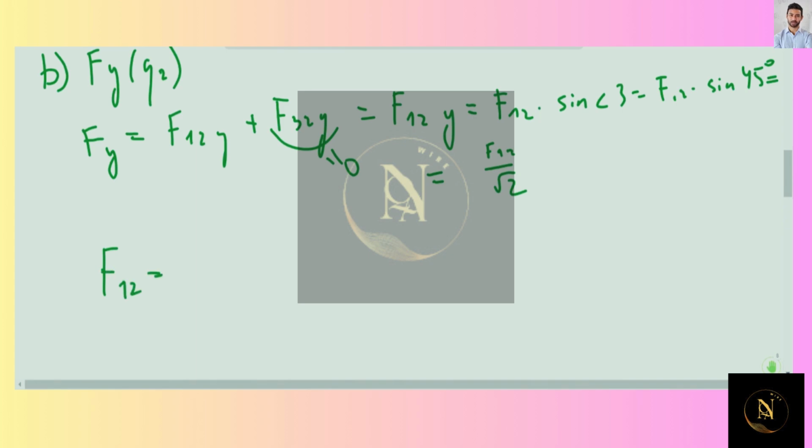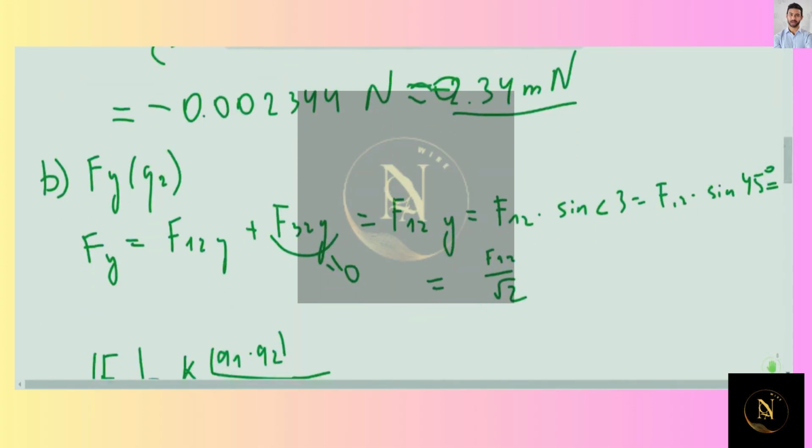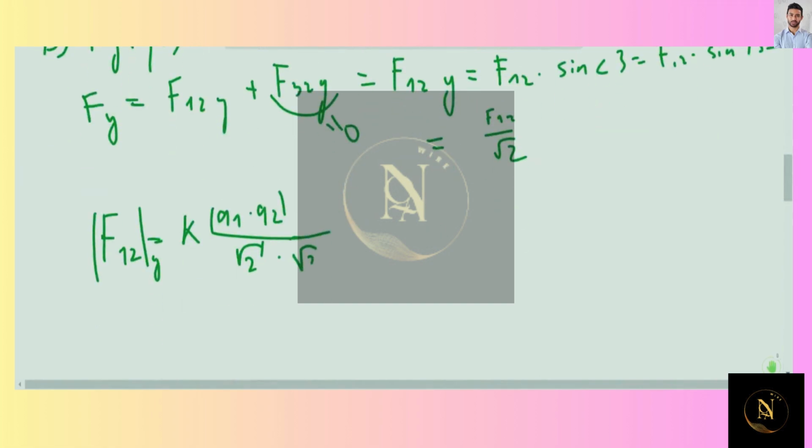So F12 equals k, Q1 multiplied by Q2, absolute value, because we are calculating the absolute value of the force, divided by square root of 2 multiplied by a, all squared. So in other words, it equals k q1 q2 over 2 square roots of 2 multiplied by a.